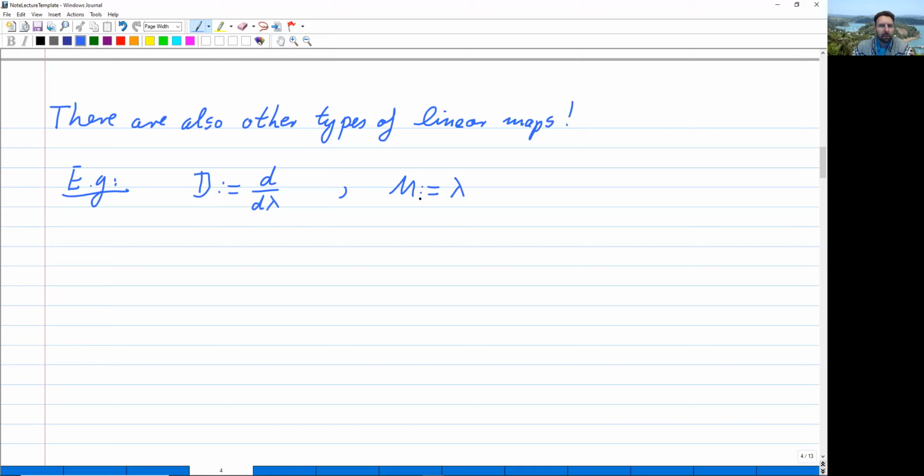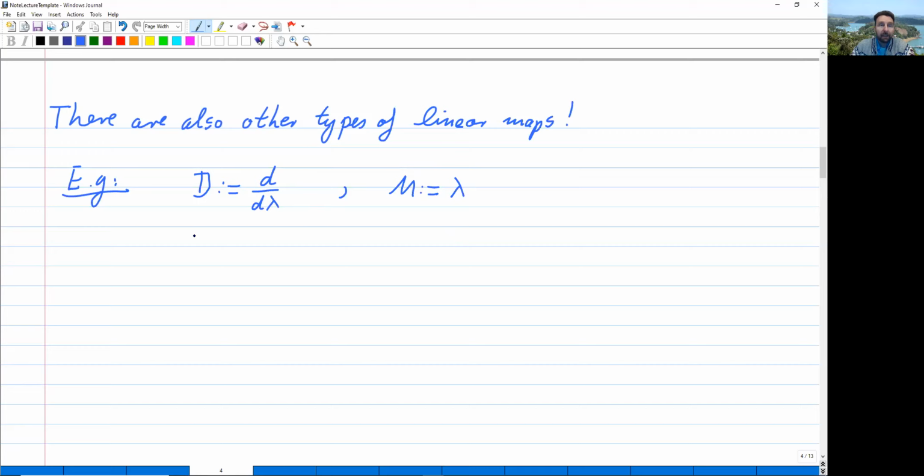Remember why I put the double dot here? That means I'm defining something. I'm assigning a name. So this operation of differentiating with respect to lambda is now called capital D, and the operation of multiplying a function with its variable is called M.